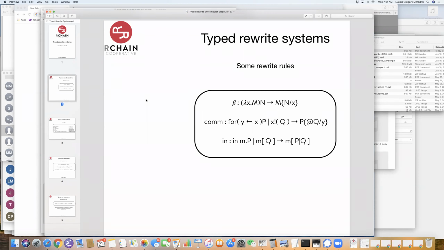Each of them is different in some way. Beta reduction applies the actual argument, whereas the com rule for the rho calculus only substitutes the code of the argument.